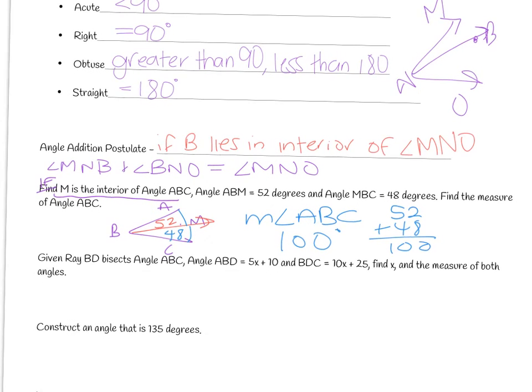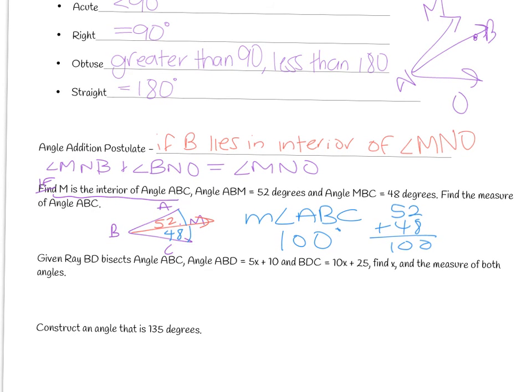The next one says, given ray BD bisects an angle. An angle bisector cuts an angle into two congruent parts. So if I've got A, B, C, and D is here, these are two congruent parts. It says ABD is 5x plus 10, and DBC is 10x plus 25.